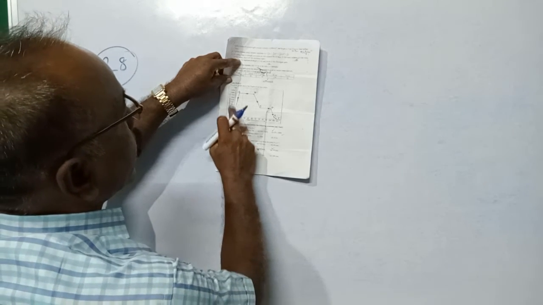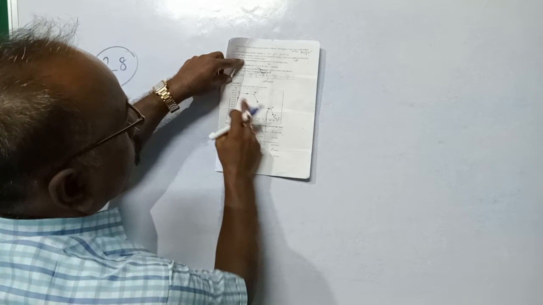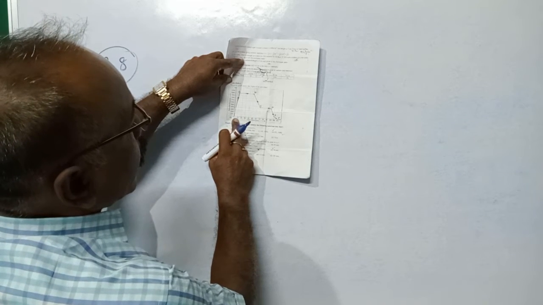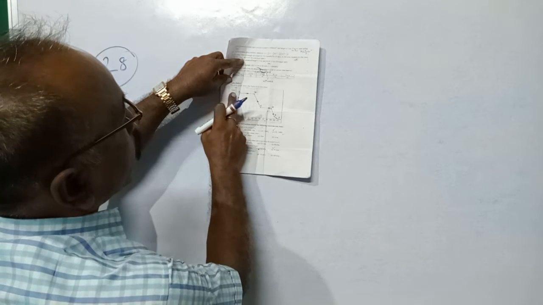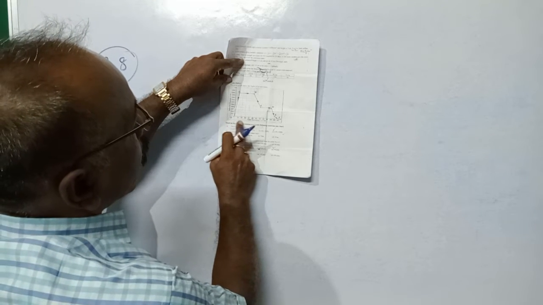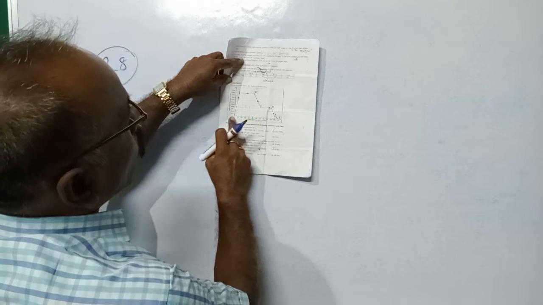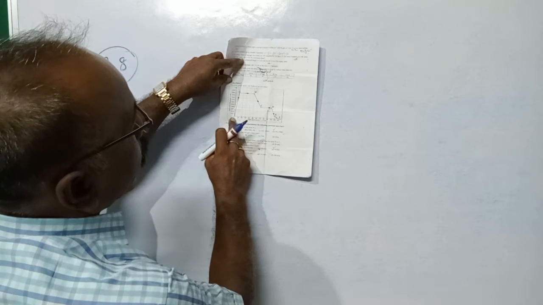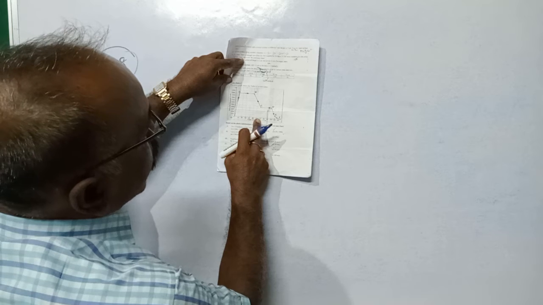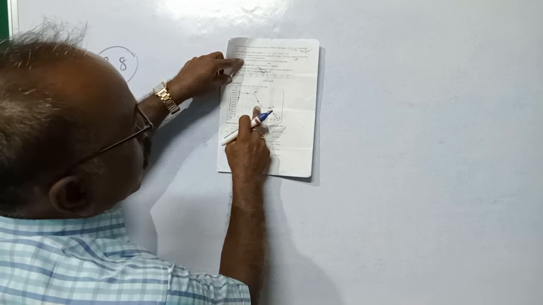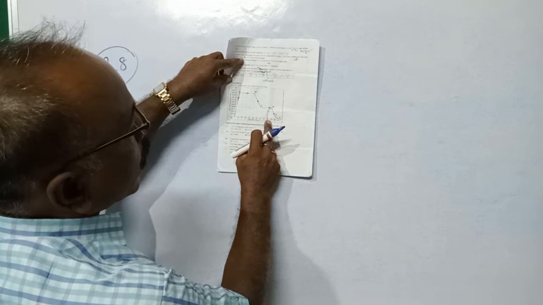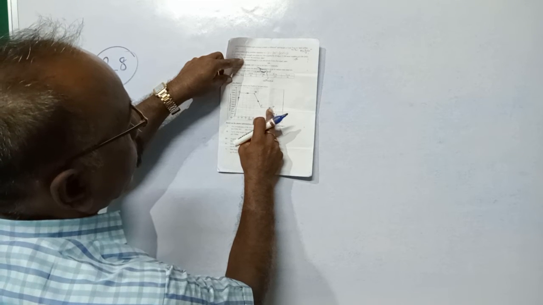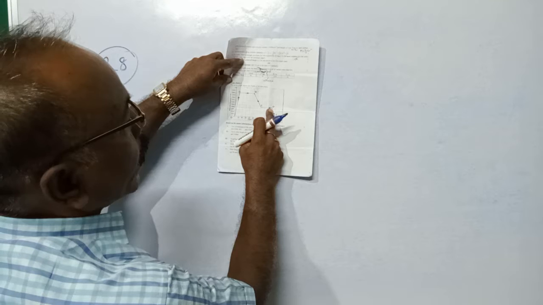You see in the point A, in 10 minutes the flight position is A. In 50 minutes the position is B. Similarly in 70 minutes the position is C, and in 100 minutes the position is D. Am I clear?